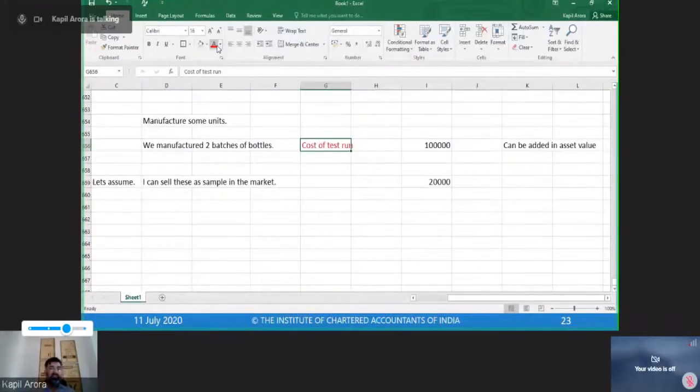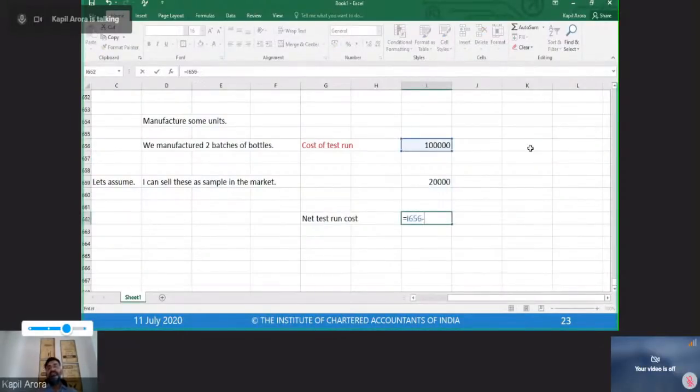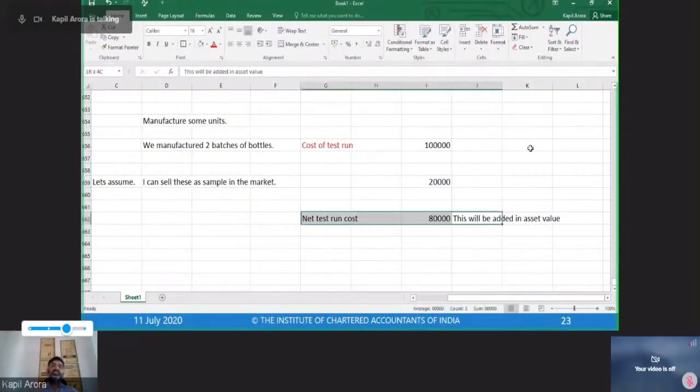In this example, my net test run cost is not 1 lakh. My net test run cost would be 1 lakh minus 20,000, which is 80,000, and this will be added in asset value. Generally, it gets added when we talk about the test runs only. Other than test run, generally they are not added.